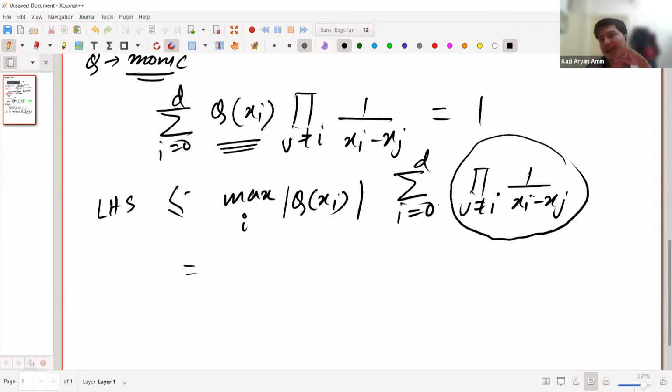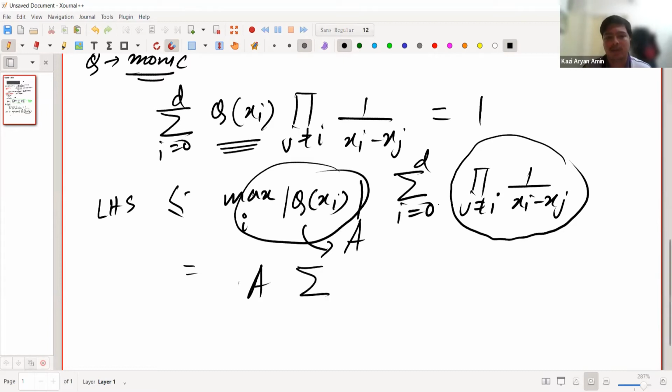I guess that would probably work as well using some techniques, but there's a much easier way to do it. I'll not spend a lot of time on this. Suppose this value is just, let's say, capital A, right? So A times, you can just bound it by d factorial times n minus d.